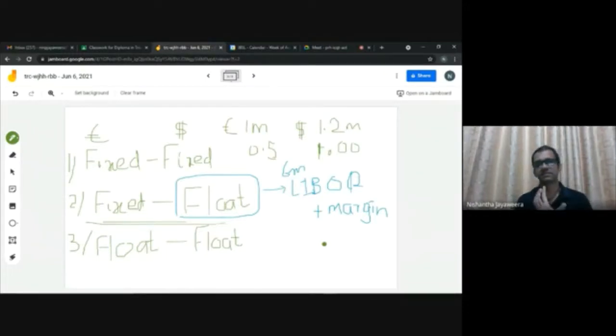That's the concept. This is the key concept, or the basic idea, behind a cross currency swap.